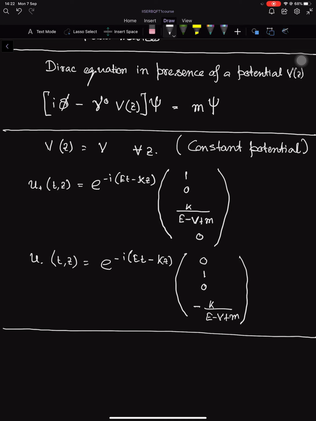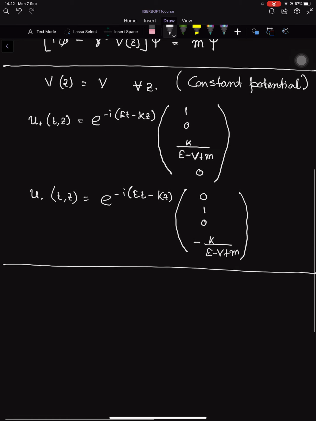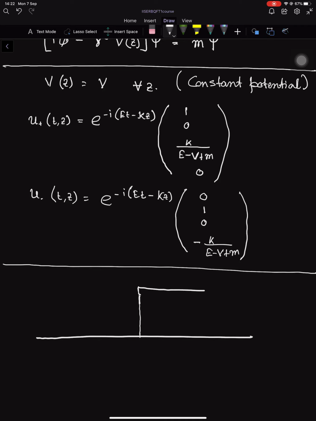But what we want is the solution in presence of not a constant potential but a step potential. In this case we will use the same strategy as above. Let's draw the step potential again. This is region 1 and this is region 2, and let's say this height is V0.